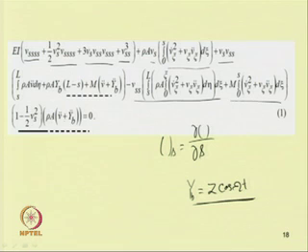As this term is a coefficient of the displacement, this equation is known as a parametrically excited system. In addition to that, one can see this term also, which will give rise to a forcing term. So, one can have a forced and parametrically excited system in this case.